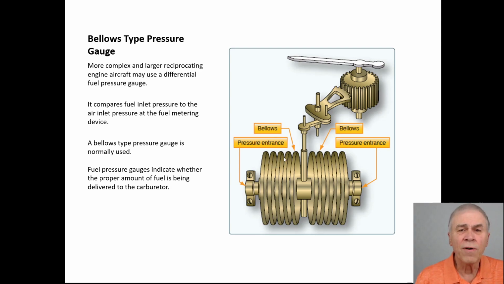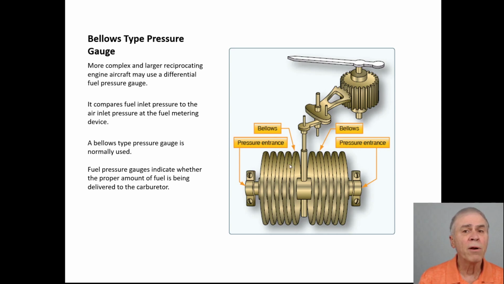Here you can see there are 5 sections on either side, and you're actually getting pressure on 2 sides. Depending on how much pressure you're getting, there's going to be a difference in pressure, which is going to turn the mechanical connection to the indicating pointer, depending on whether the pressure is greater on one side or the other.